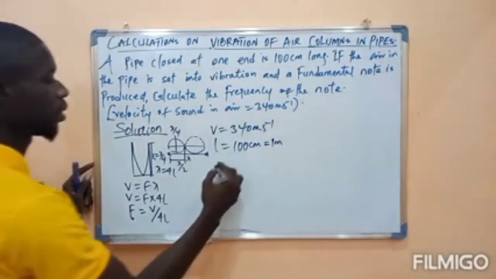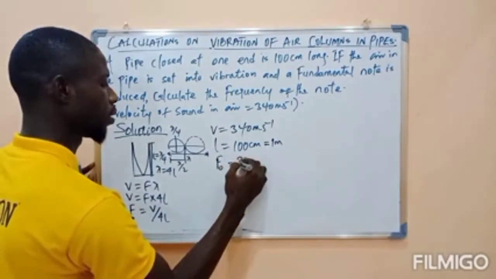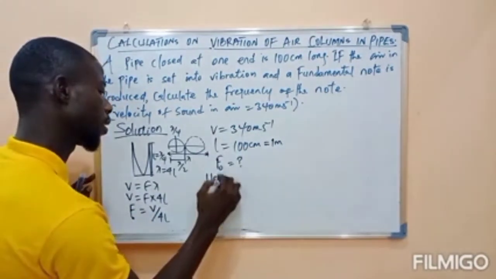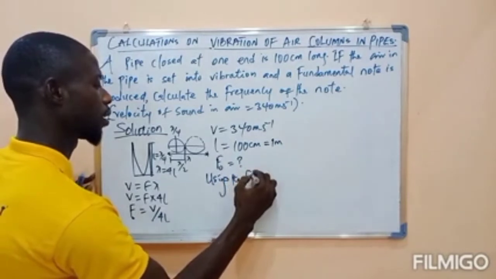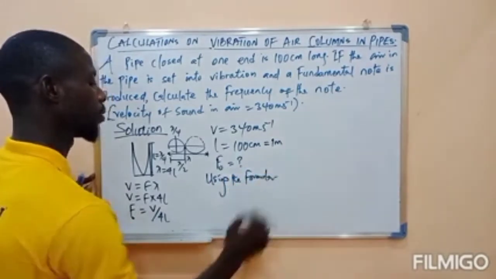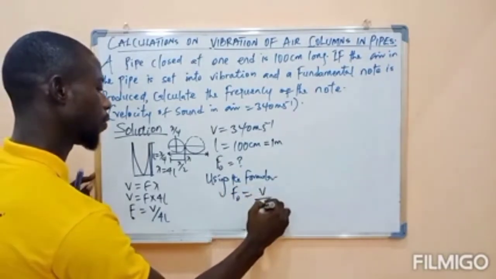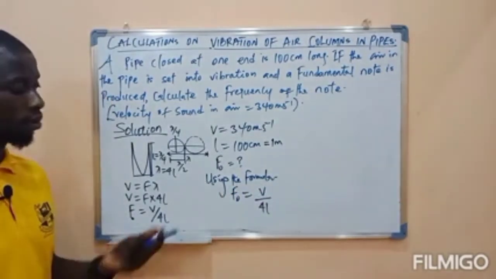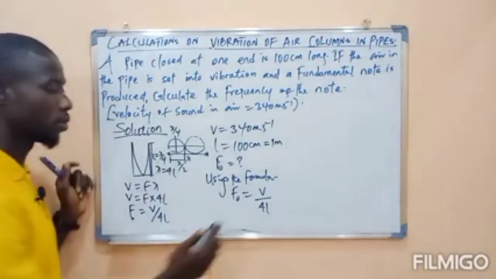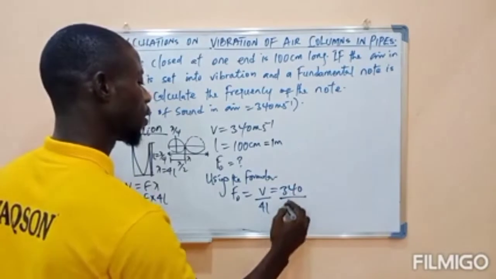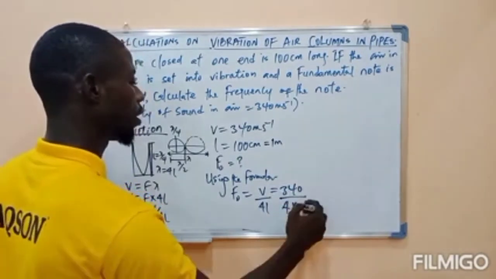I'm looking for F0, the fundamental frequency. Using the formula, F0 equals V over 4L. The next thing is to substitute your values. V is 340 over 4 multiplied by L, which is 1.